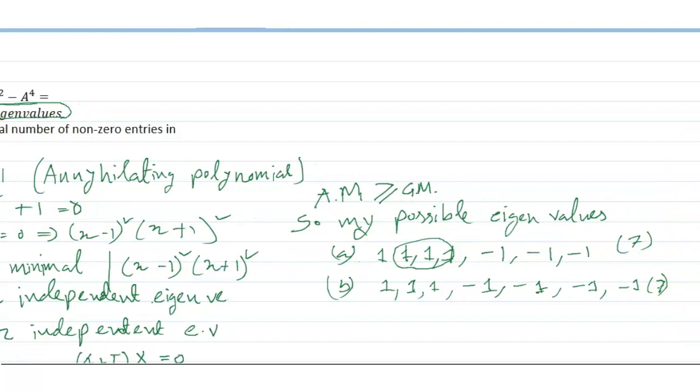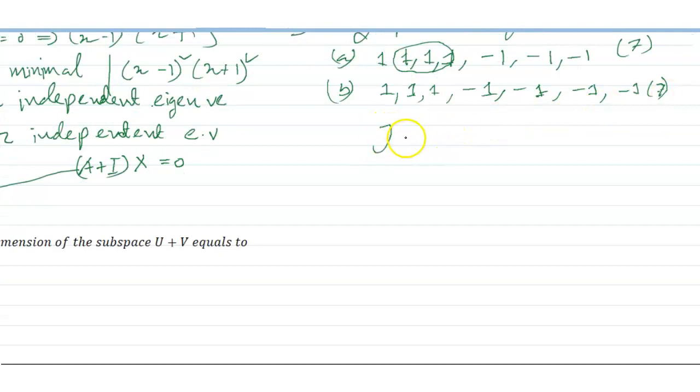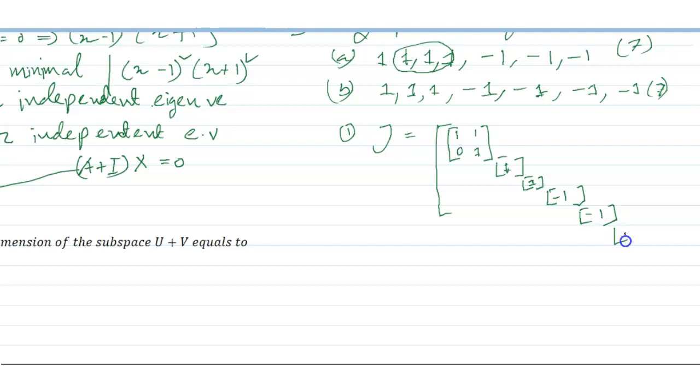Now I will discuss the JCF. In the first case, my possibility is a Jordan form with blocks for 1 and blocks for minus 1, totalling 7 rows.